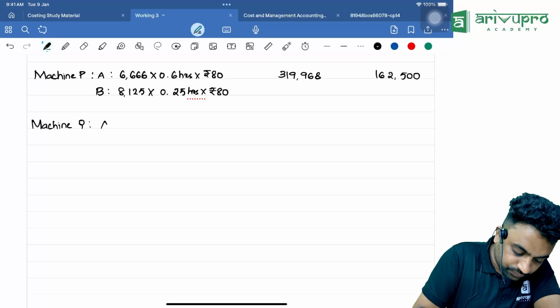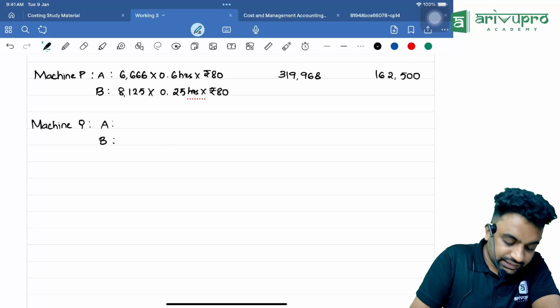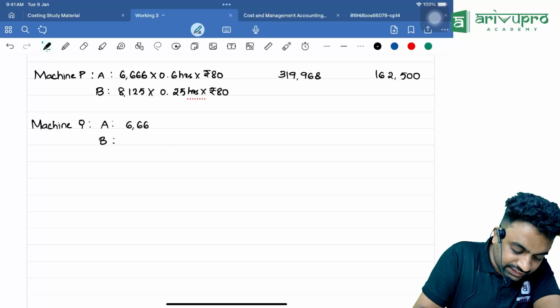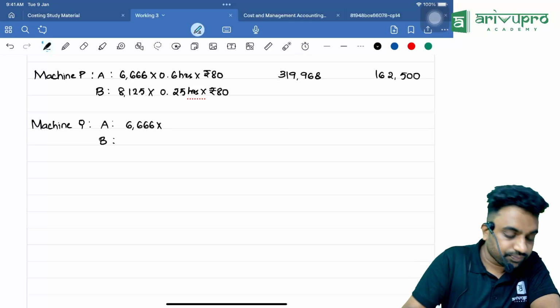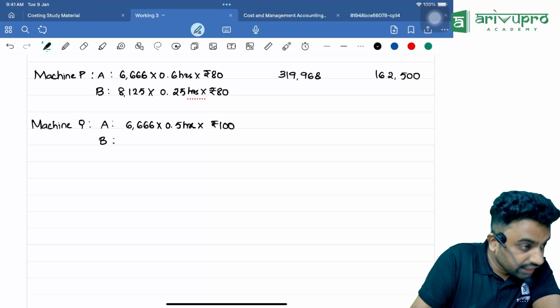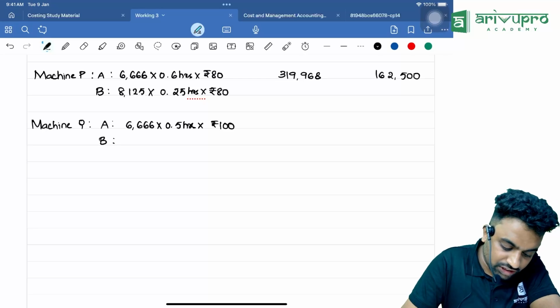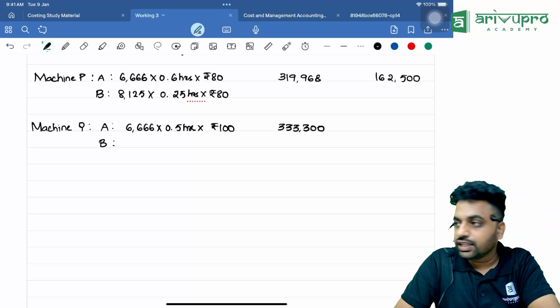Shall we go to machine Q? Guys, for A, we are producing 6,666 units. Machine Q will be used 0.5 hours, which will cost you rupees 100. How much? 3,33,300.